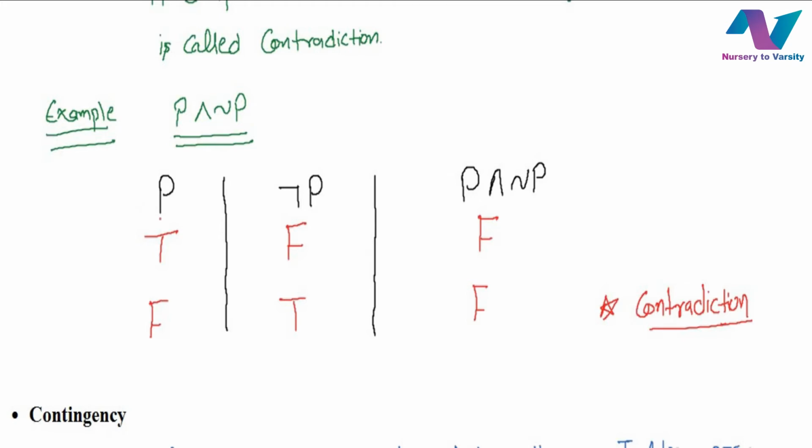First we take the value of P, that is T and F, and negation of P, which is just the opposite of P, that is F and T. While applying the AND operation, we get F in both rows. So we get the false value in the last column, and this is the sign of a contradiction.